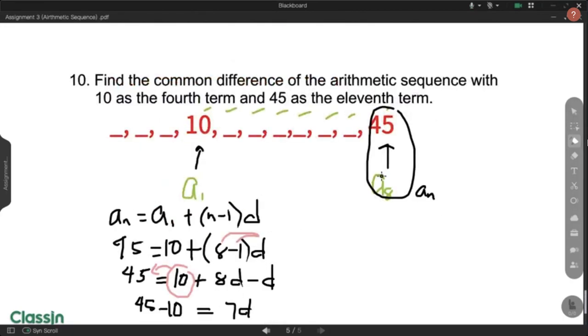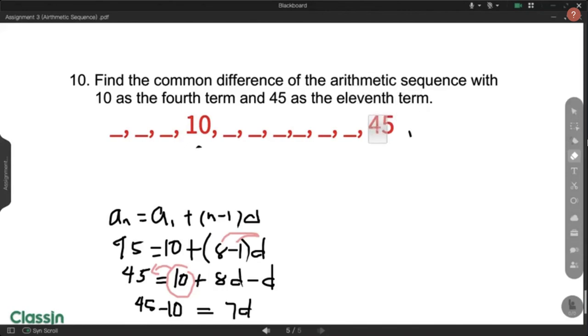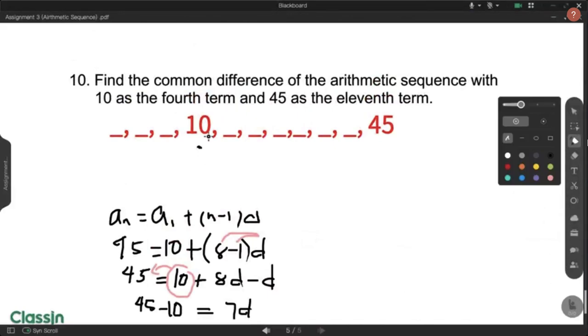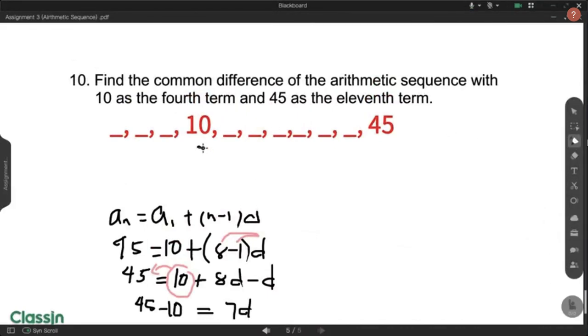Let's check if it's right. Okay, to check if our answer is correct, let's erase this. D is 5. So we will add 5 here.